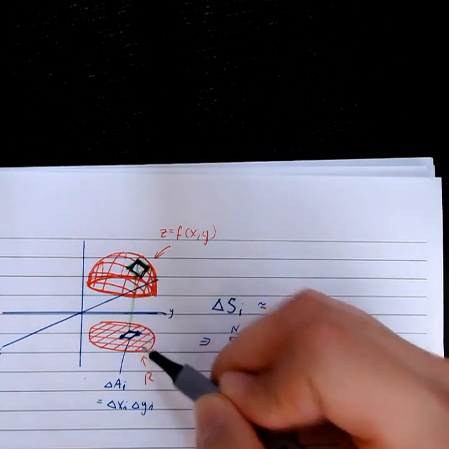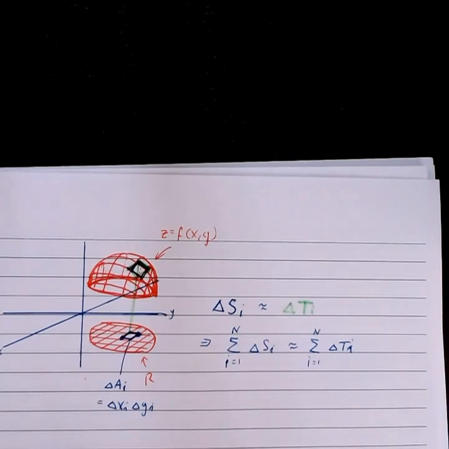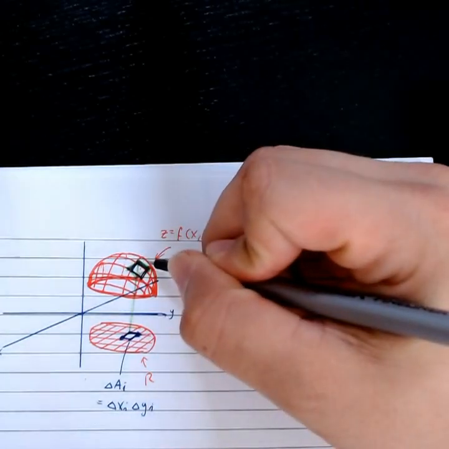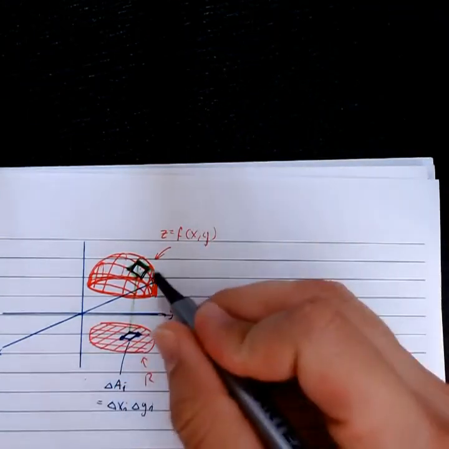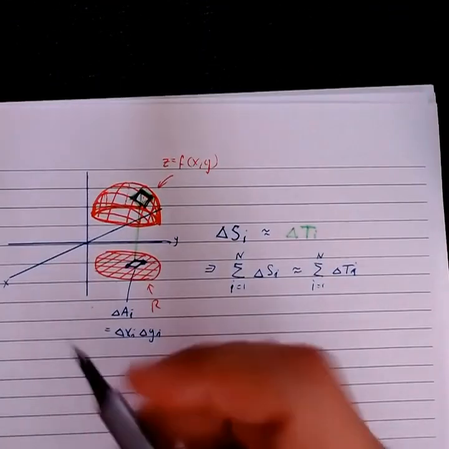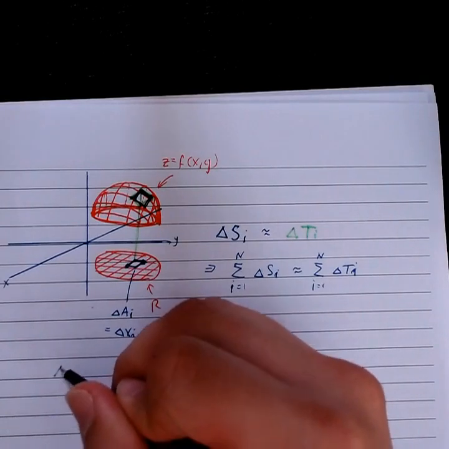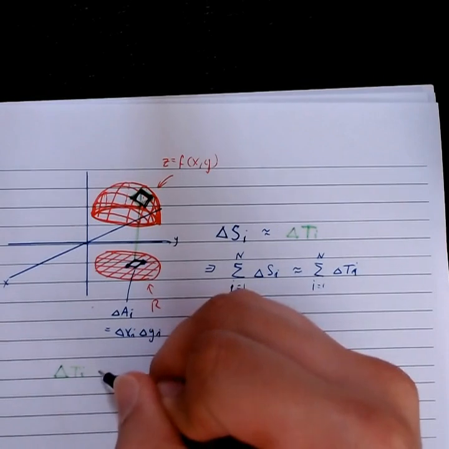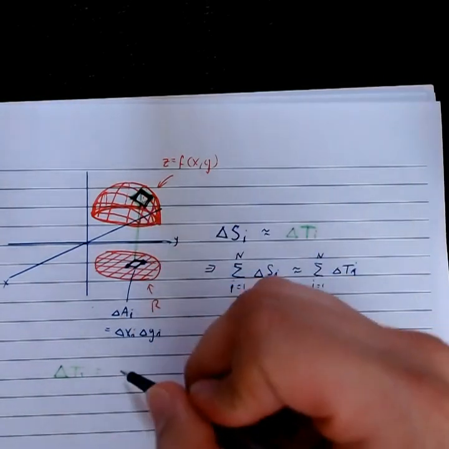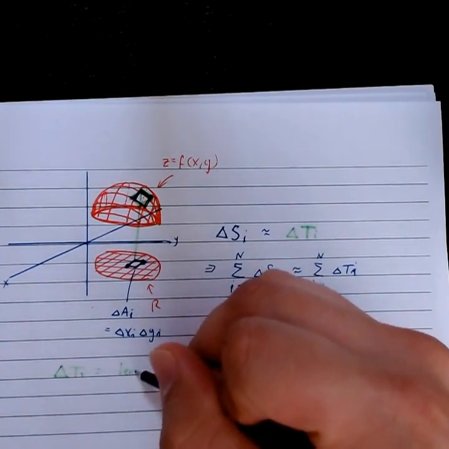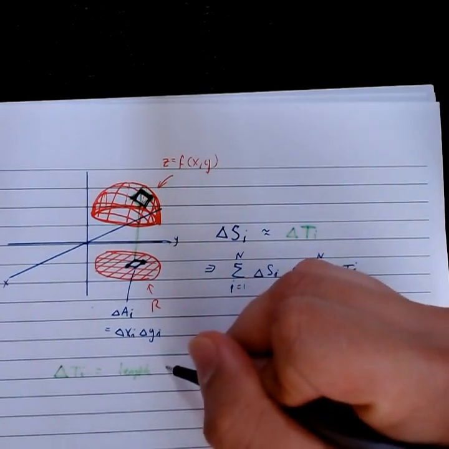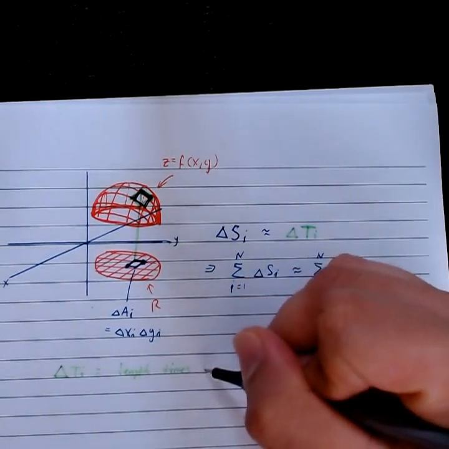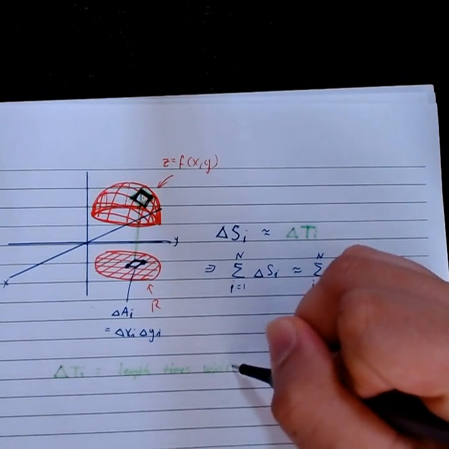But again, these are parallel to the x-axis and to the y-axis. So that means if I take one of these vectors here, let me just write this off because the drawing's getting a little cluttered, so that I can give the area of delta T i, that's simply going to be a length times a width. After all, it is a little rectangle.